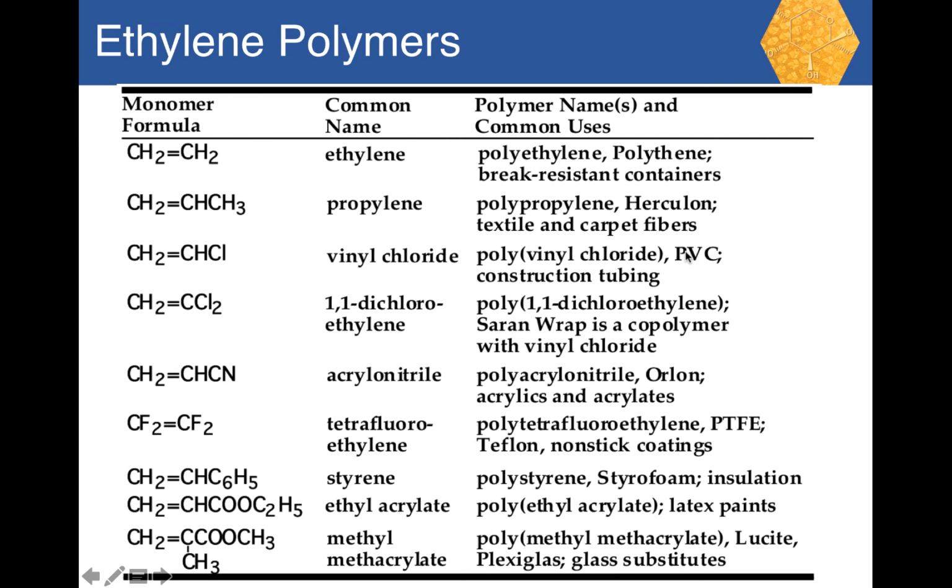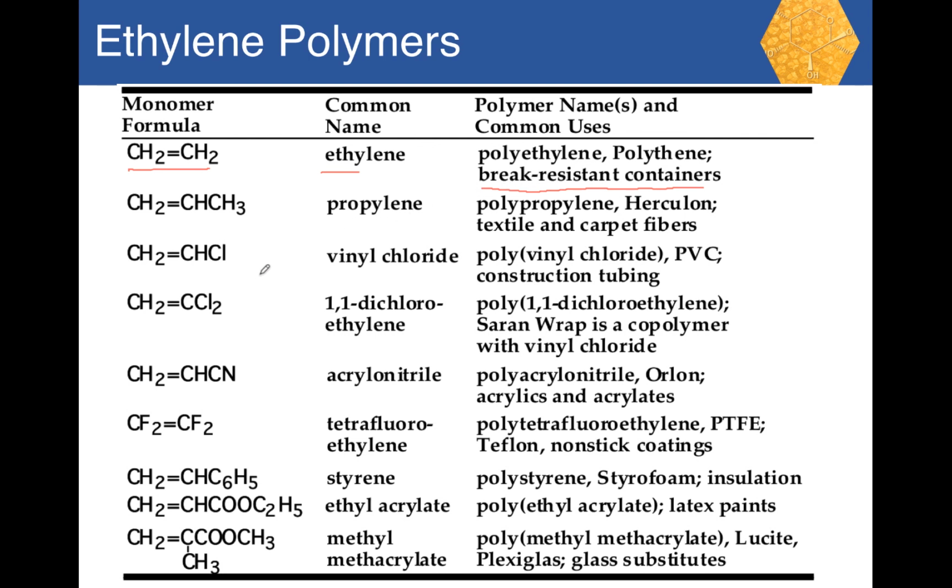So in conclusion, let us look at some of the monomers that form very usable polymers. So here's one monomer, ethylene, and this is used as a break-resistant polymer.